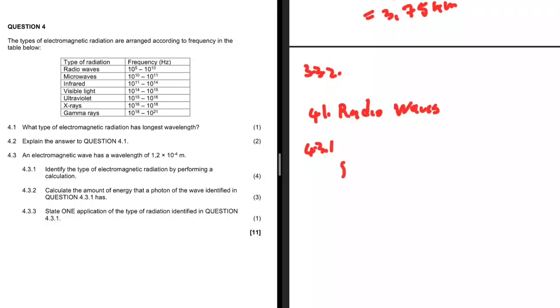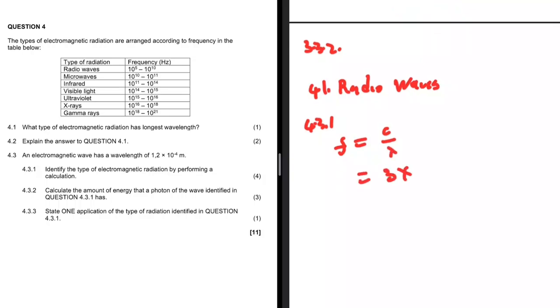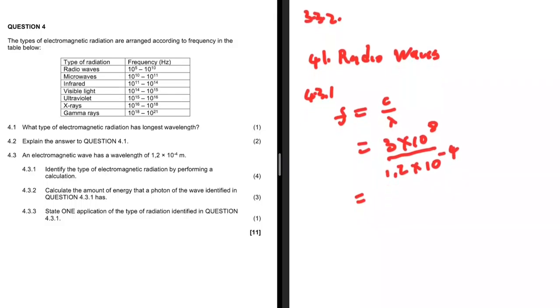So in doing that, the frequency is equals to C over wavelength. So we're going to have 3 times 10 to the power 8 divided by 1.2 times 10 to the minus 4. Okay, and then this is equals to 2.5 times 10 to the power 12.